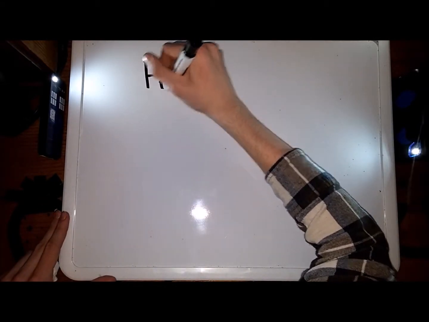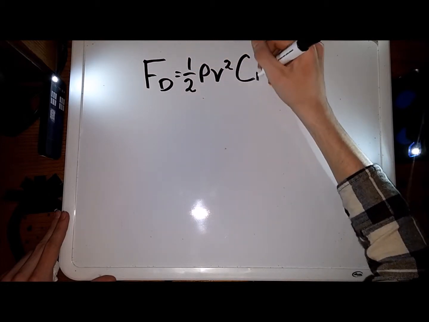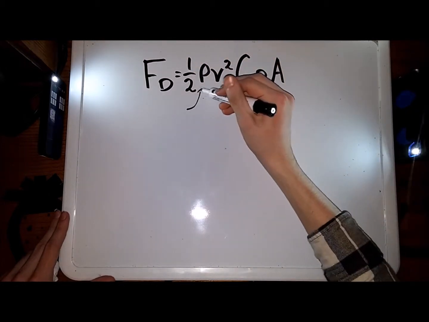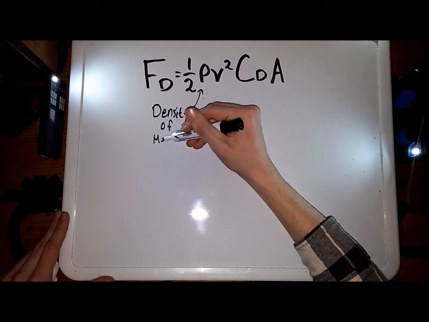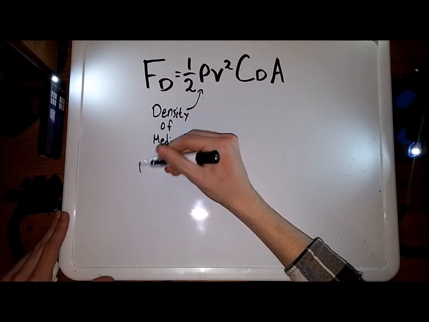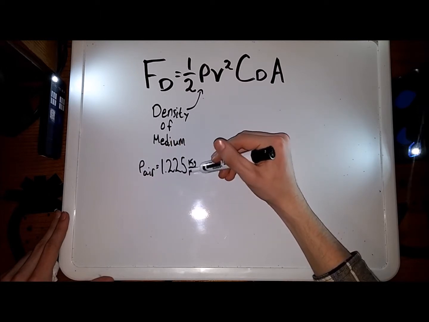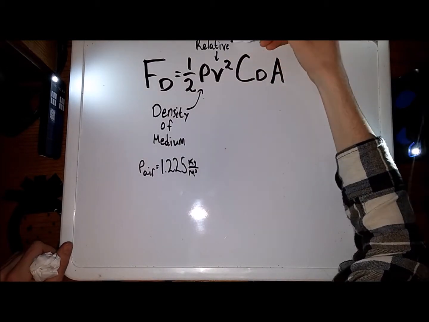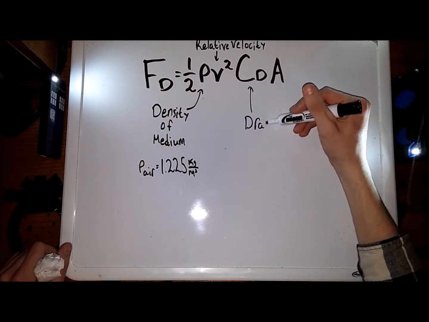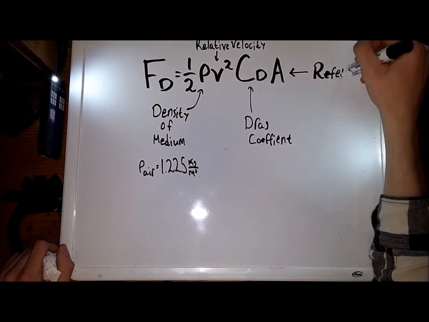The equation that governs the force of drag is 1/2 rho v squared CD A, where rho is the density of the medium. For example, the density of air is commonly 1.225 kilograms per cubic meter. V is relative velocity, CD is the drag coefficient, and A is the reference area.